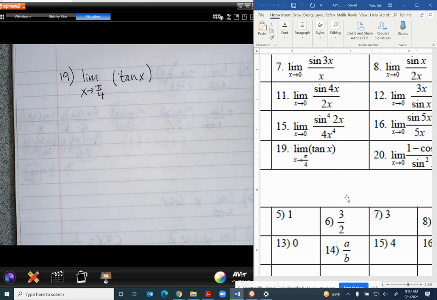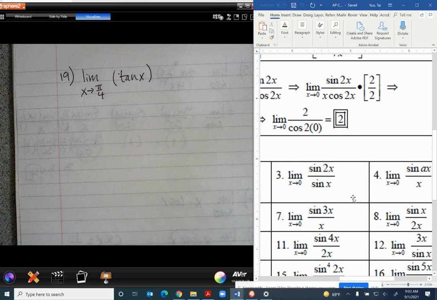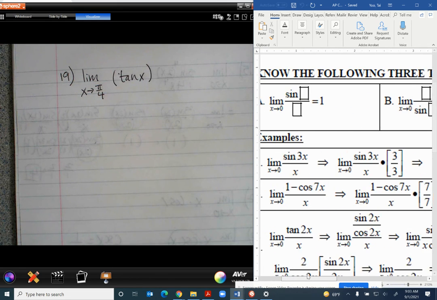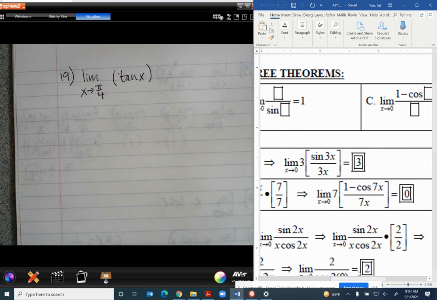Can I use one of those formulas with this problem? Yes or no? Can we use one of these formulas right here on the top? You see those formulas? Can I use one of those formulas, A, B, and C, for number 19?